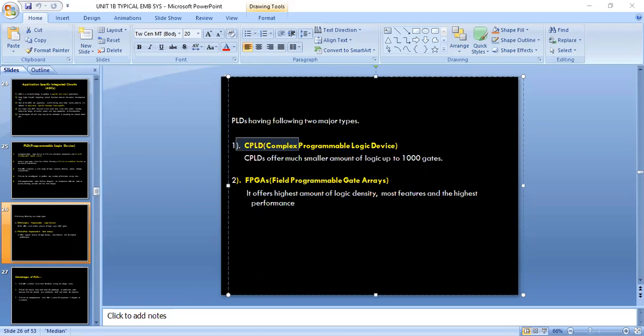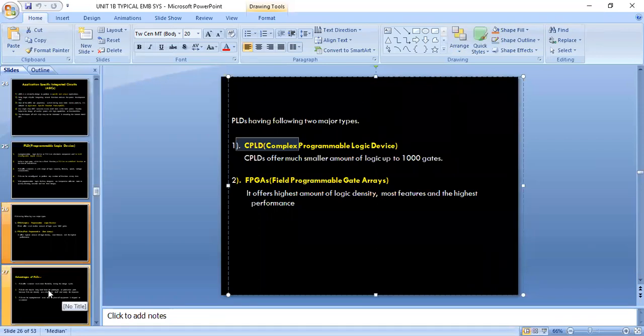A CLB is a combination of a lot of PLDs, and it includes memory. So by taking advantage of these CPLDs and FPGAs, what are we basically using? We are basically using only PLDs, right? We are able to implement a lot of logic.